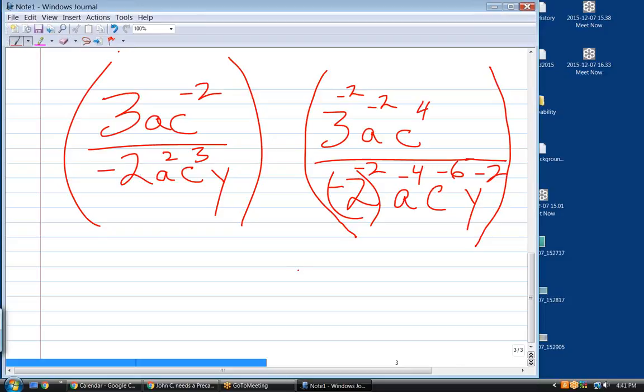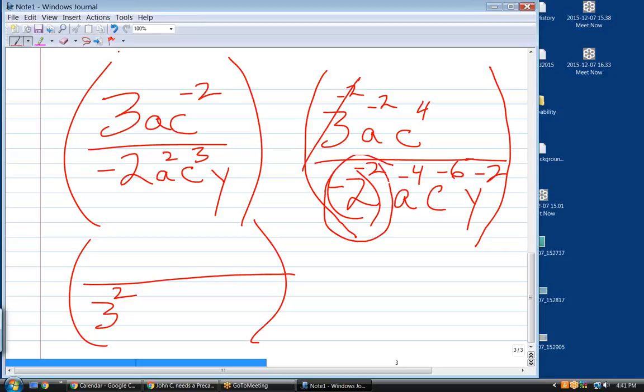So in this problem, I'm going to suggest that we change everything to positive exponents to begin with. So this becomes that. That takes care of that. What happens to that? It goes up top. In parentheses, we're going to make it look like that. Now, I can either switch the A's and put A squared in the denominator and A to the 4th in the numerator.